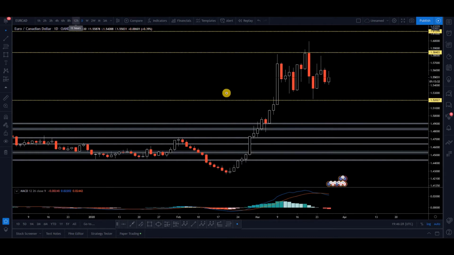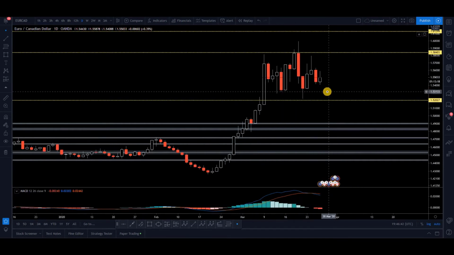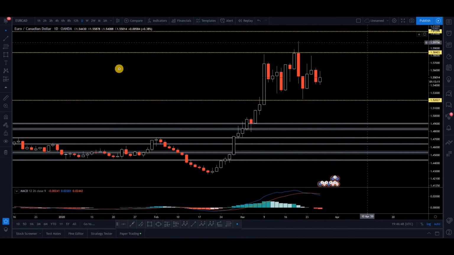Now what I'm looking to do is play this correction long, basically because we've had a massive run up in price. We've got price now correcting in a sideways motion, and I'm just looking for a reason to hop on board for the next leg up, or at least even to the highs anyway.